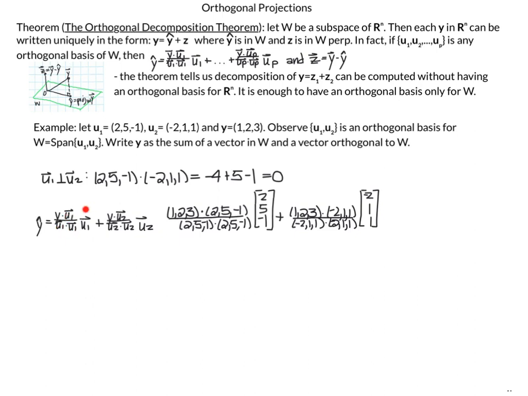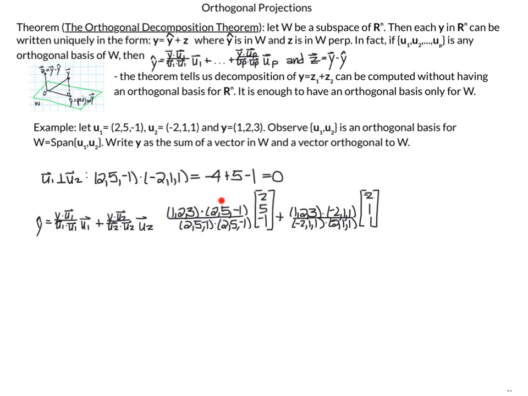Next, I'm going to use my formula for y hat, which is y dot u1 over u1 dot u1 times u1, plus y dot u2 over u2 dot u2 times u2. So for y dot u1, here I have my vector y, 1, 2, 3, dot my vector u1, 2, 5, negative 1, over 2, 5, negative 1 dot 2, 5, negative 1, times my u1 vector, 2, 5, negative 1.